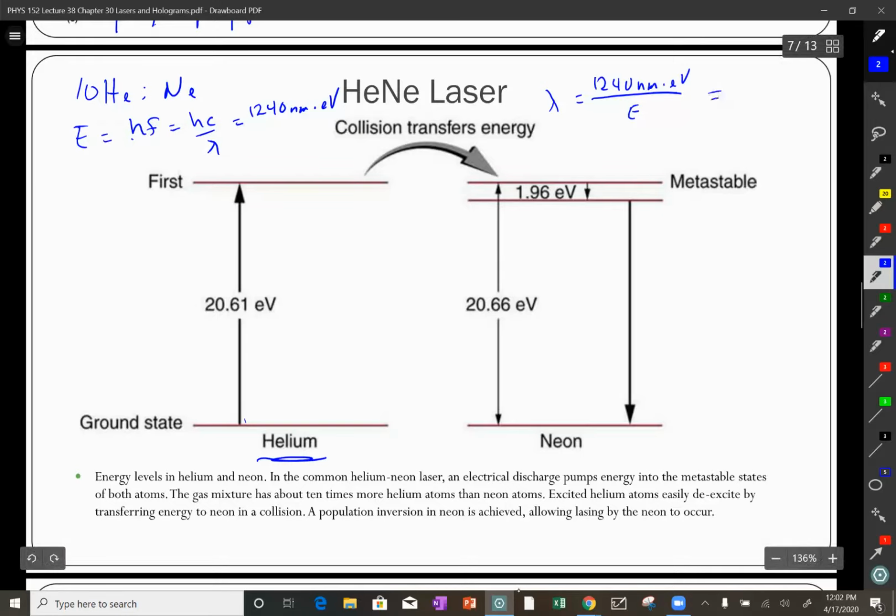If I divide 1240 nanometers times electron volts by 20 electron volts, well, actually, I have my phone. I'll use my phone. I'll get the answer right.